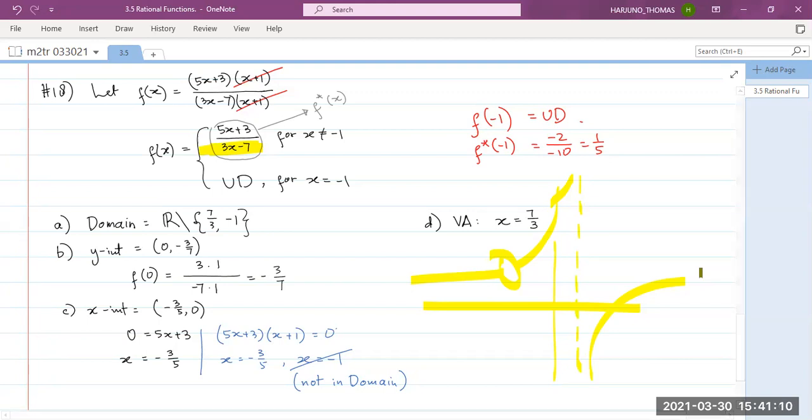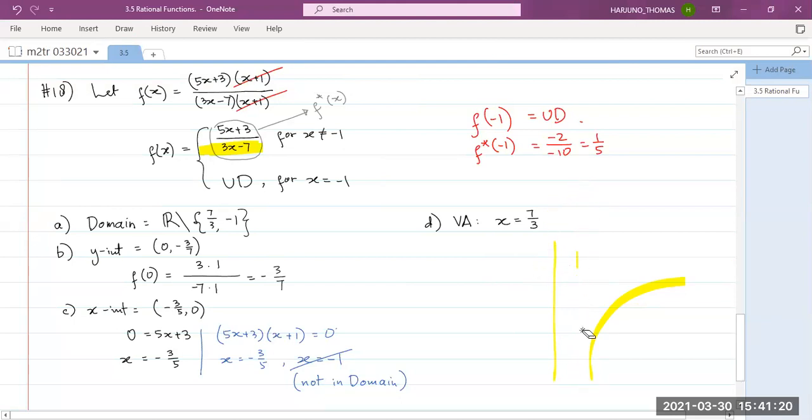So even though both 7/3 and -1 are not in the domain, x equals 7/3 will be the vertical asymptote, and -1 will be the hole. That's the one that canceled, right? In fact, they cancel evenly, so that will be a hole.